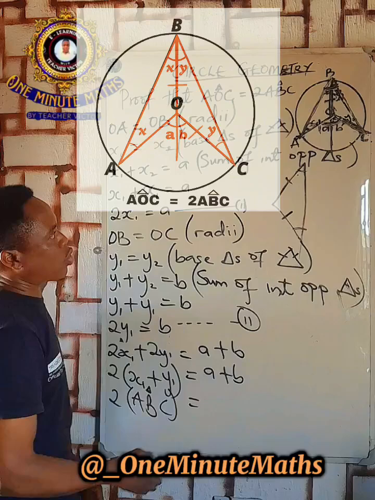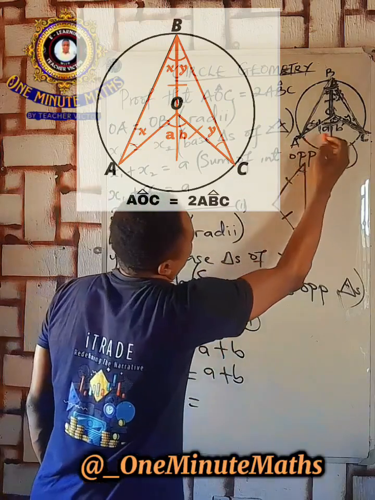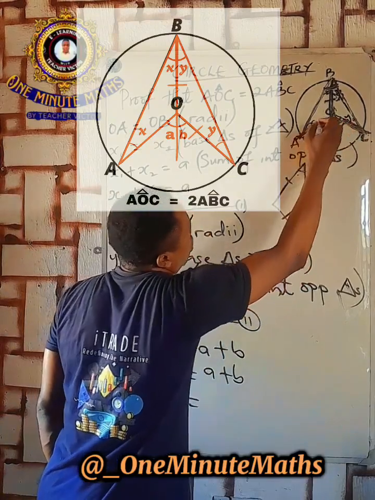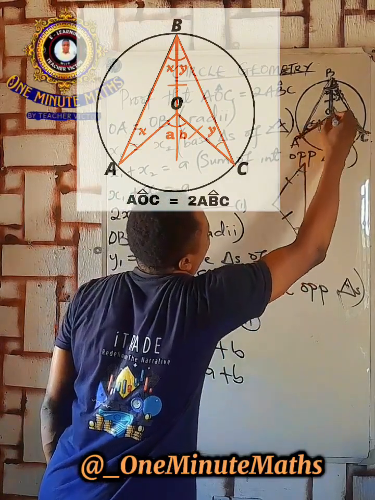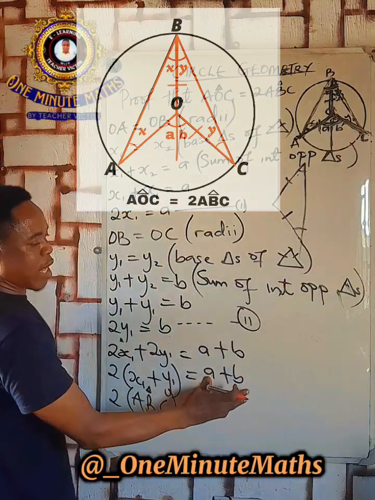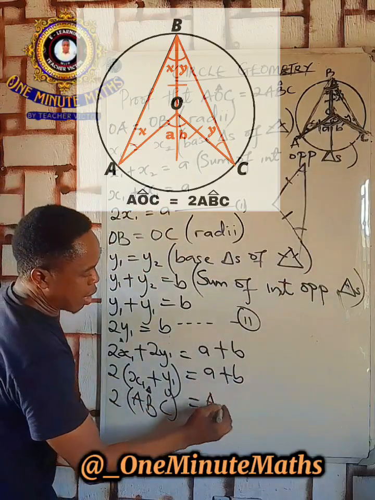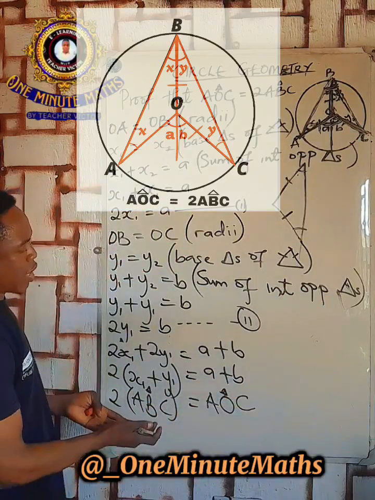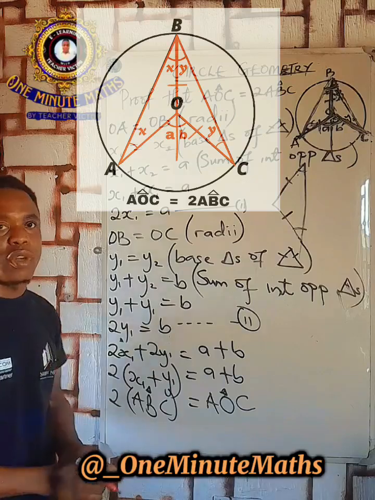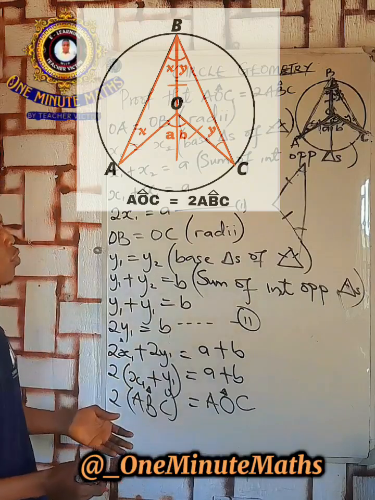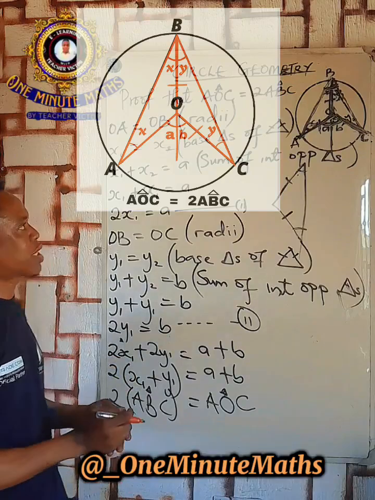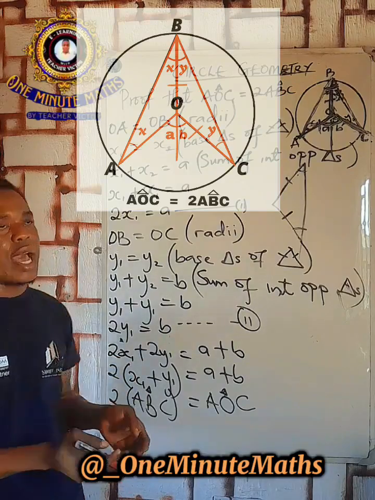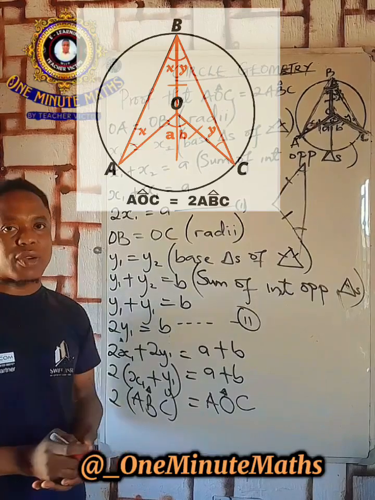And that will be equal to, looking again closely, angle A and angle B together form the totality of angle AOC. So we can replace A plus B with AOC. And we have successfully proven that the angle that an arc of a circle subtends at the center is twice that which it subtends at any point on the circumference.